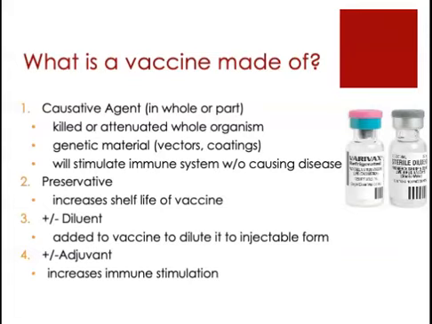Now, some of this terminology is confusing. Terms like killed and attenuated are often used when discussing vaccines. But as we've discussed in this course, calling a virus killed doesn't really make sense because viruses aren't alive to begin with.